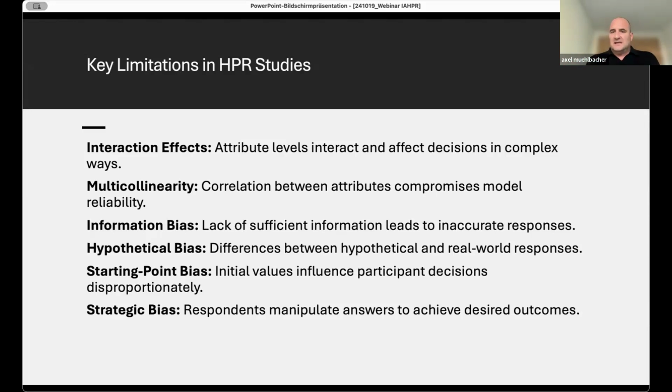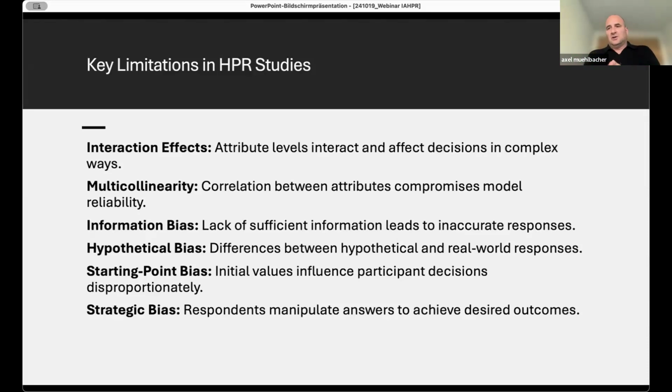So the first one, and I tried to discuss this in the previous slide, are interaction effects of the attributes and their levels, and how they interact and affect decisions in complex ways, which then later can not be disentangled with basic methods, or maybe not even with advanced methods.